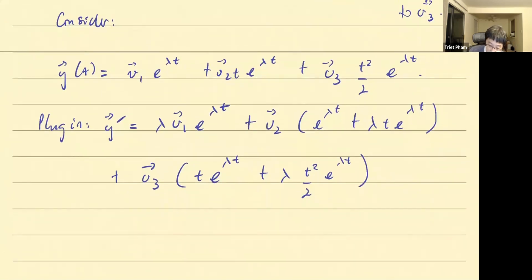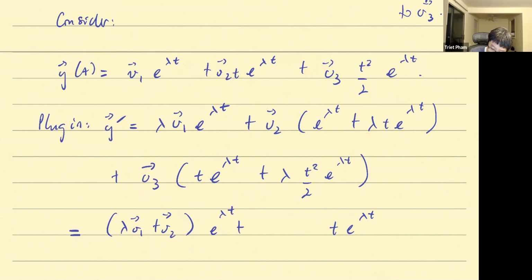Now I will group terms. So what is the term with e to lambda t? v2 and lambda v1. What's the term with t e to lambda t? Lambda v2 plus v3.